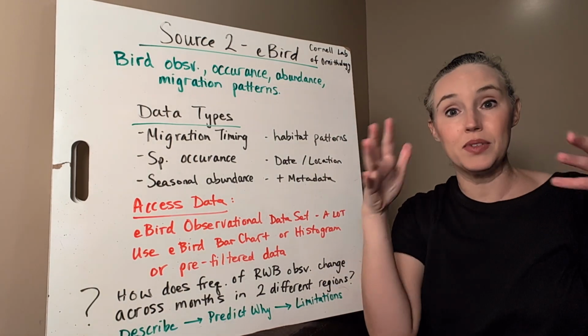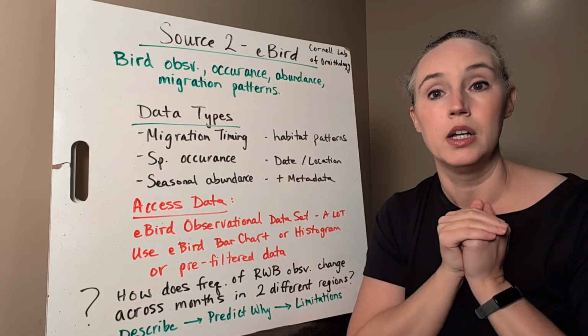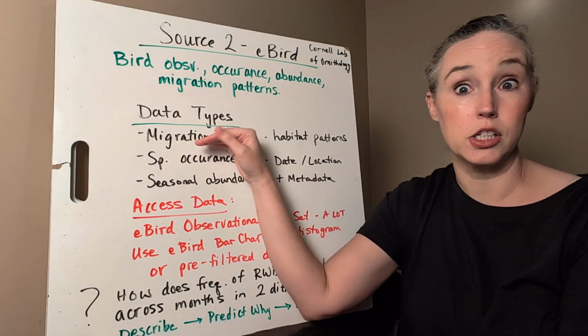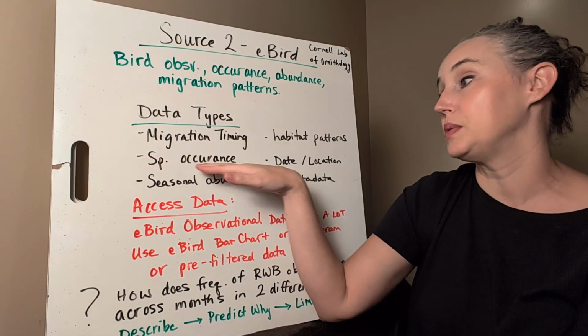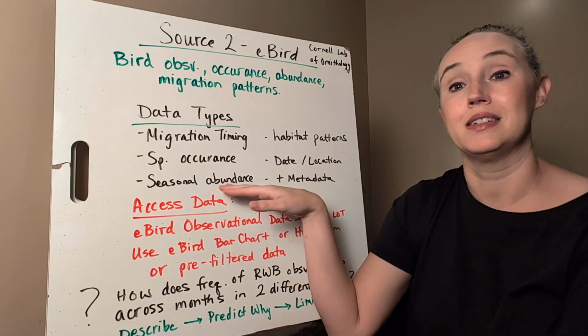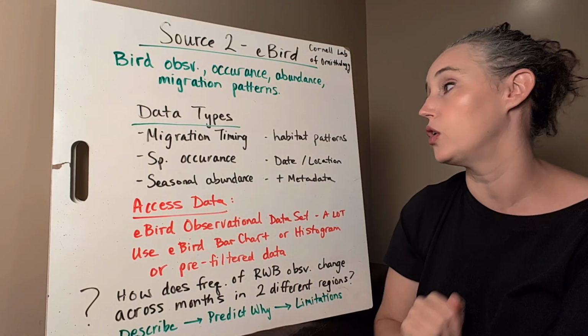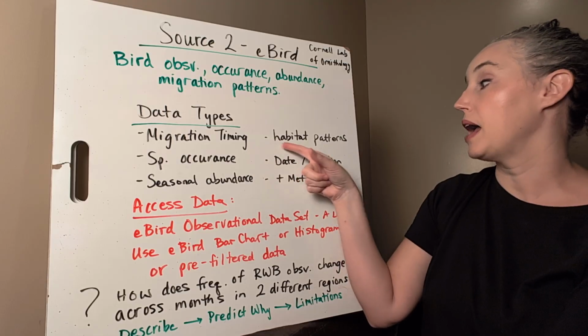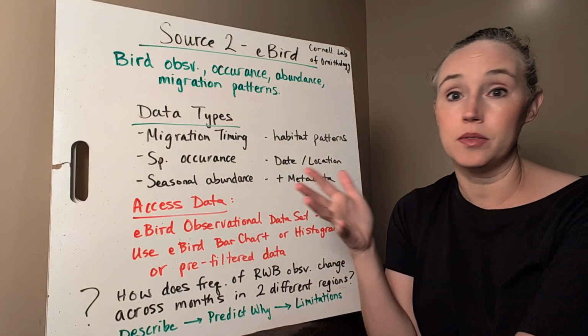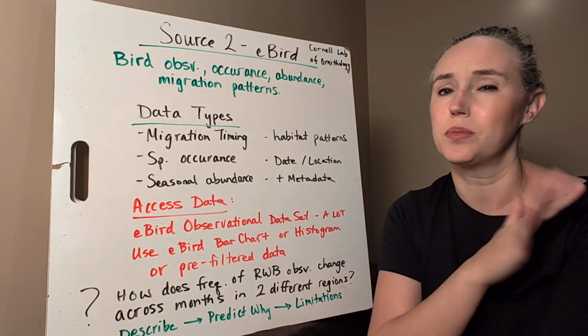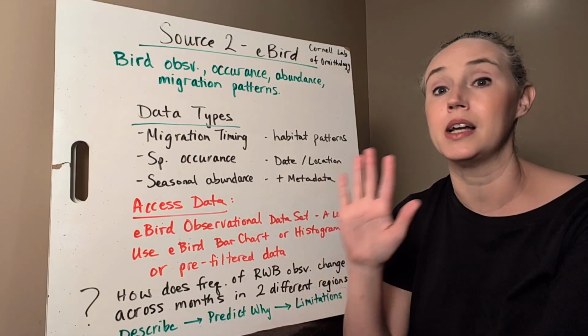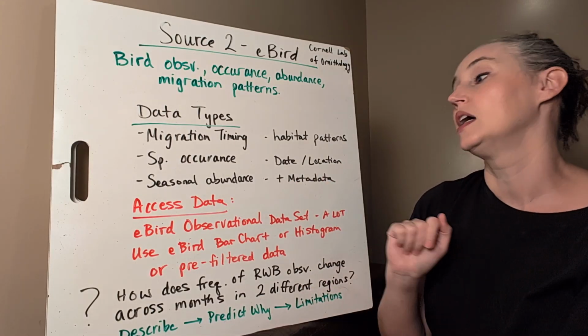So again, specific data types that you can have students look at could be migration timing, species occurrence in a certain area, seasonal abundance, so how the abundance of a population changes over the seasons, habitat patterns, and then fundamentals like date and location, but also tons of other metadata is available on eBird.